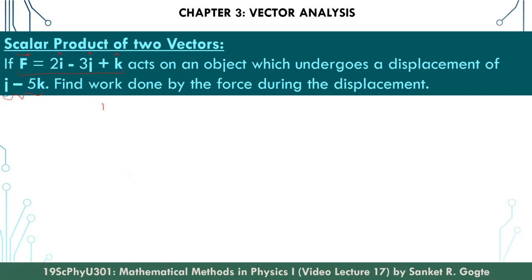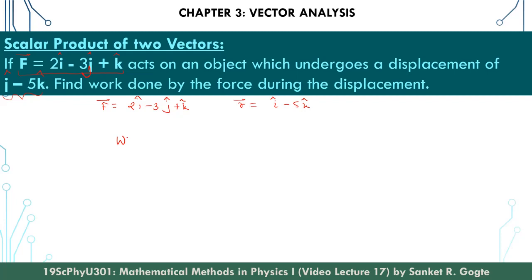It's simple. F vector, let me write it down. It is 2I minus 3j plus k, and displacement r is I minus 5k. These are also unit vectors. They are denoted by this cap symbol.